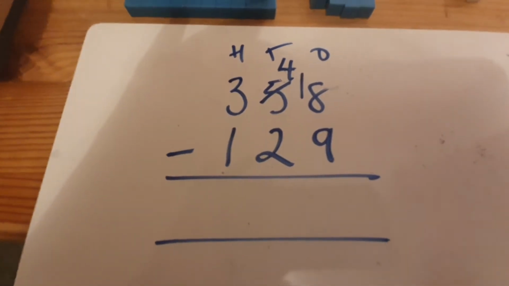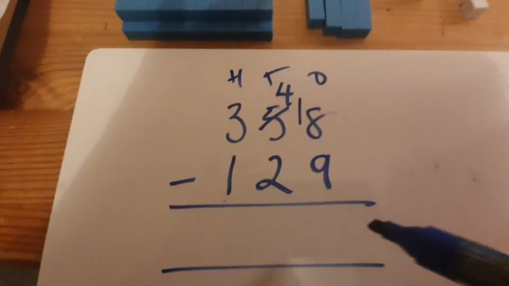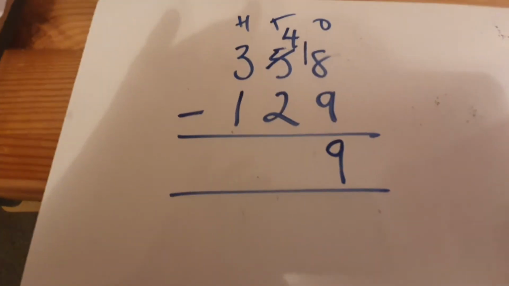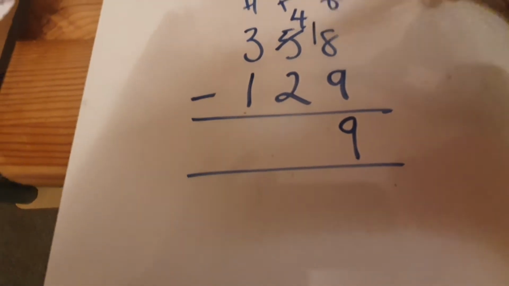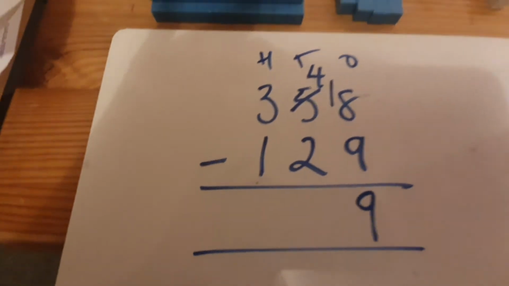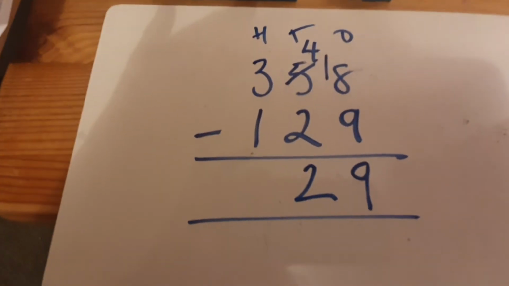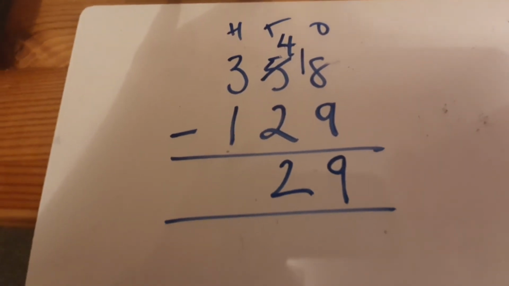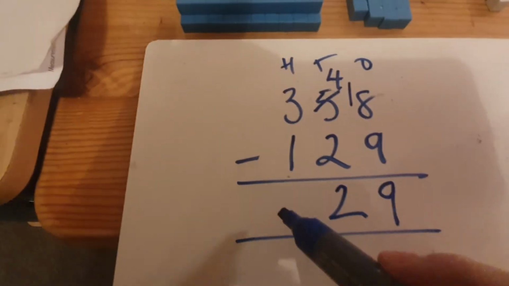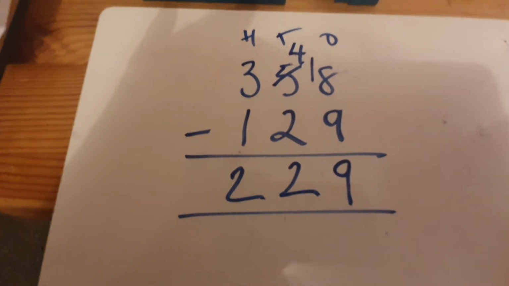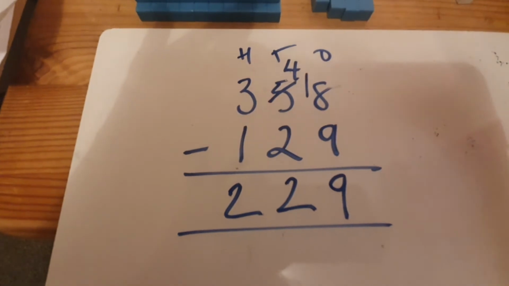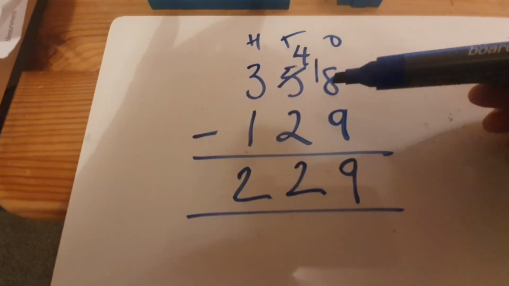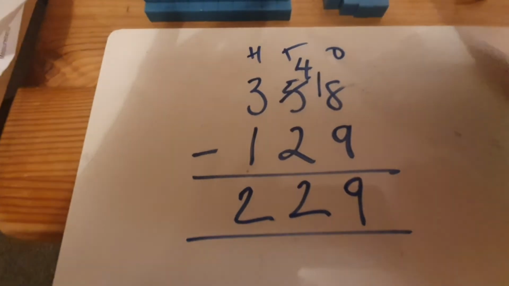So 18 take away 9, well, 18 take away 8 is 10. Take away 1 is 9. And now I've got 4 take away 2. Dead easy. 2. And 3 take away 1. So 300 take away 100 is 200, making 229. So just see there, because the bottom number was bigger than the top number, we had to go next door.